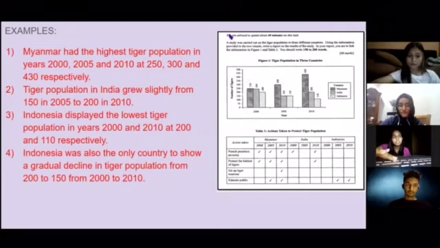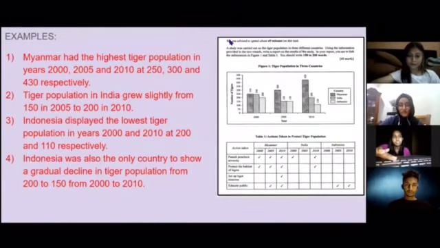The tiger population in India grew slightly from 150 in 2005 to 200 in 2010. Indonesia displayed the lowest tiger population in the years 2000 and 2010 at 200 and 110 respectively. Indonesia was also the only country to show a gradual decline in tiger population, from 200 to 150 from 2000 to 2010.